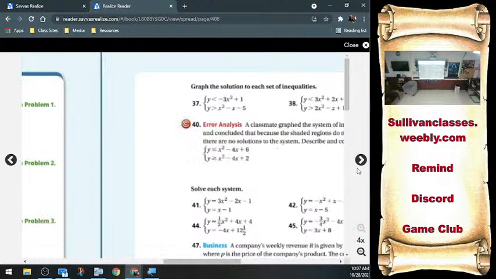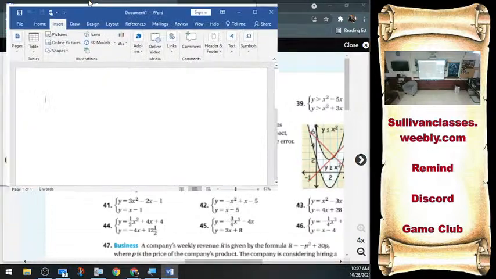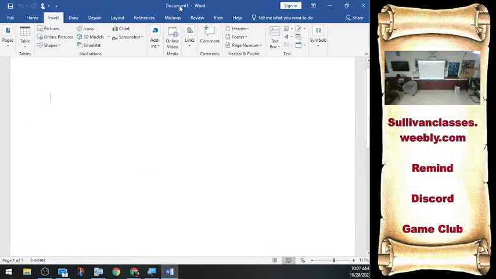Graph the solution. Okay. Let's do Word. View page with. There we go. All right.